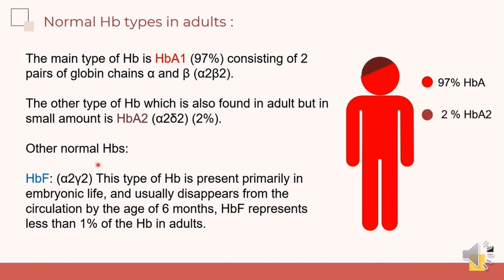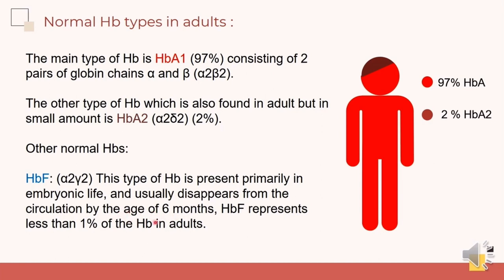Another normal type of hemoglobin is called HbF. F refers to fetal hemoglobin, which consists of 2 alpha and 2 gamma chains. This type of hemoglobin is present primarily in embryonic life, and it usually disappears from the circulation by the age of 6 months. This is important information. I want you to pay attention to this.